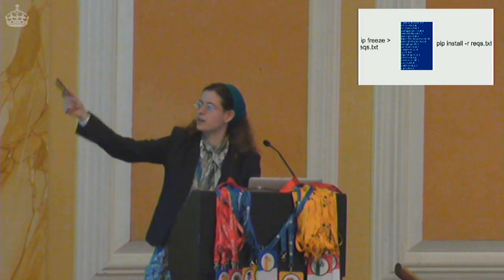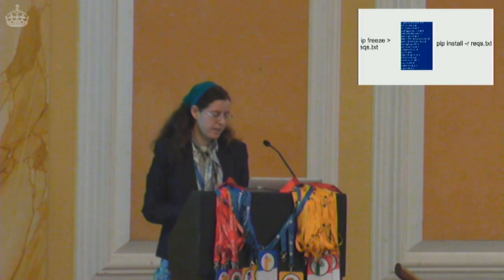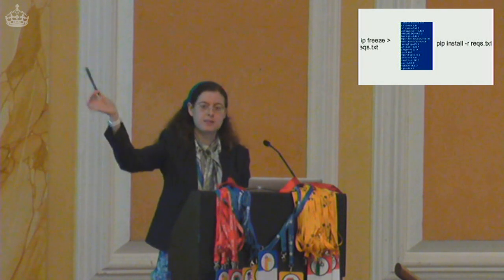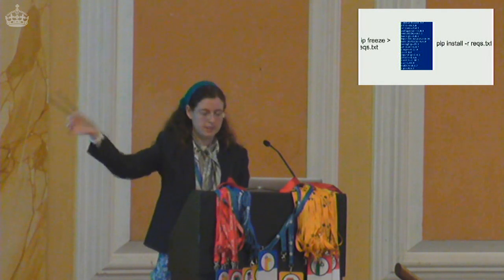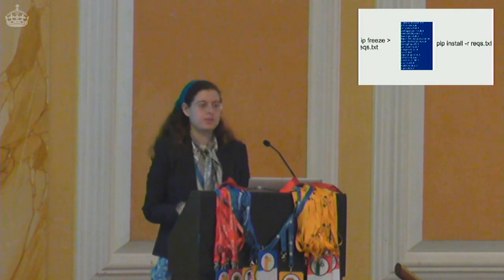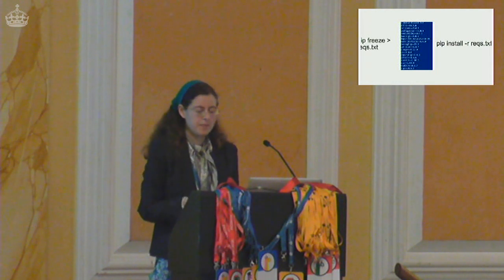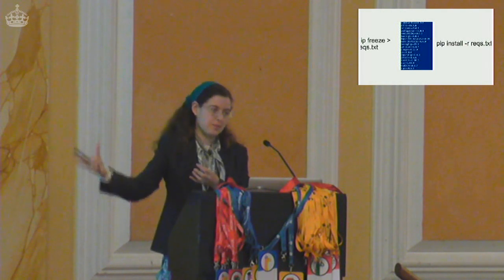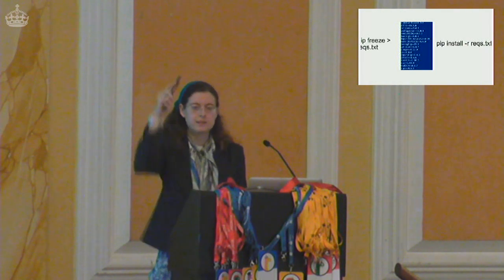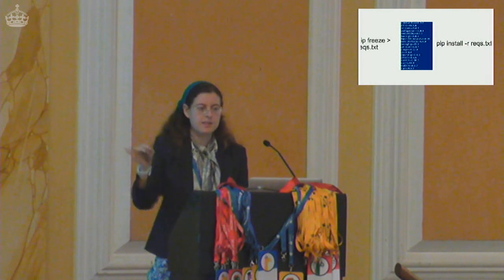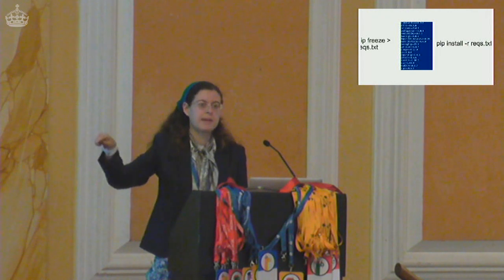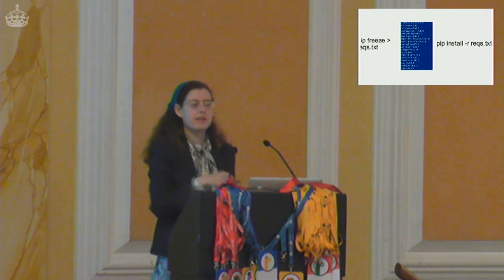So this is an example of a requirements.txt file. It has specific library names, and it has the exact version that we are using. And then to do the reverse, we just call pip install -r of our requirements.txt file. And it'll go through and recursively install not just those packages, but also anything that those packages then tell pip that they depend on.